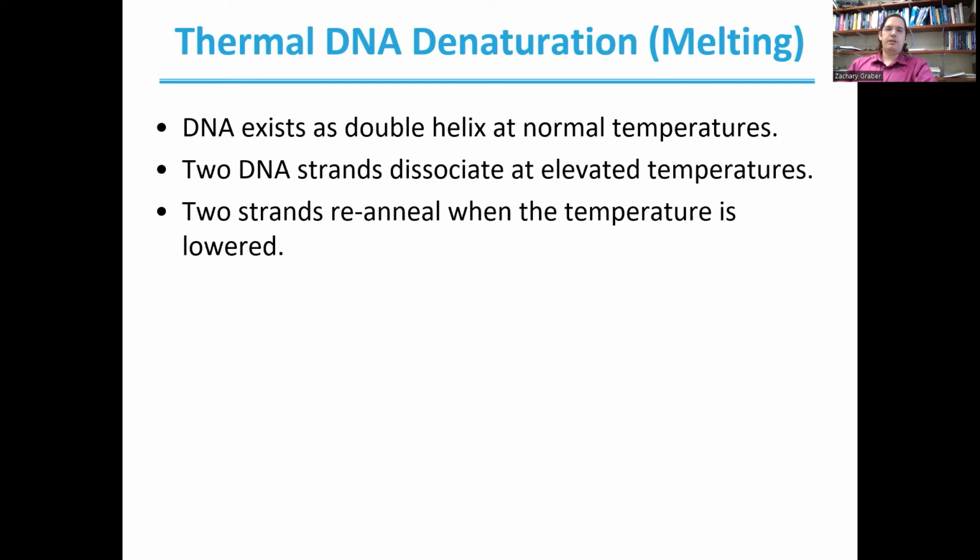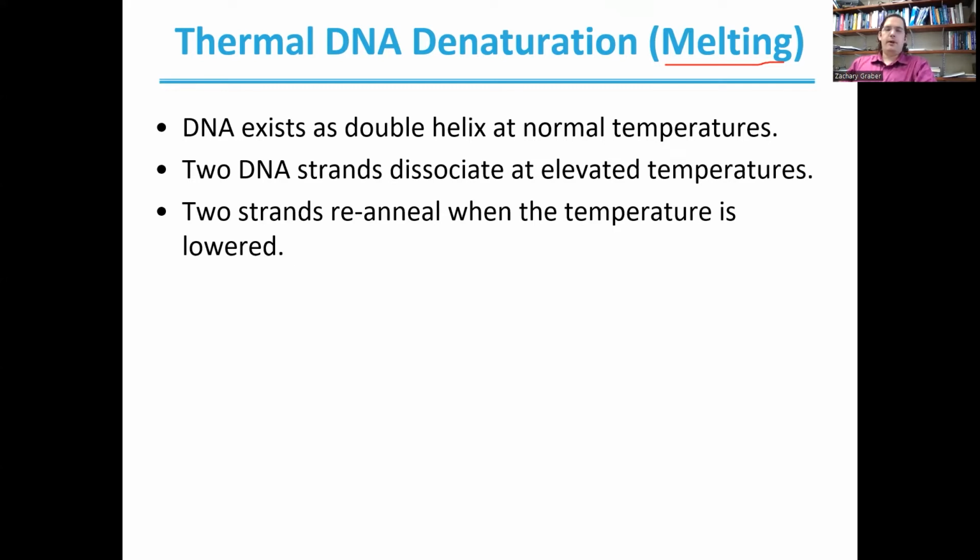So essentially, our DNA melts in a similar way to a liquid turning into a solid and vice versa. Right? We can take that double strand structure, melt it into our single strand, and then refreeze it essentially into our double helix.